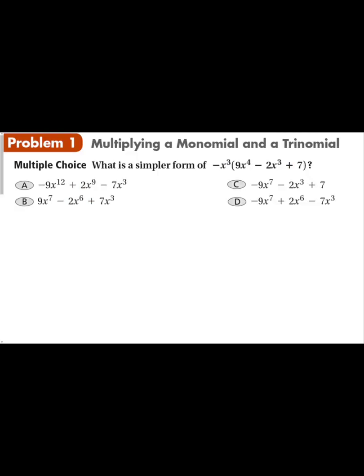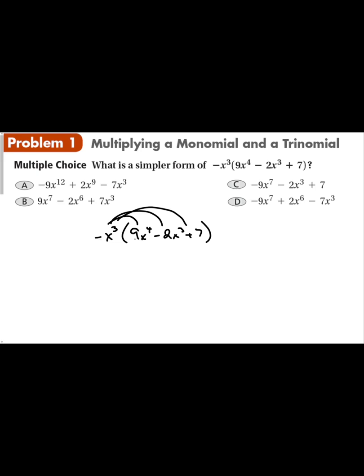Let's try a problem. What is the simpler form of negative, let's write this down here, negative x to the third times 9x to the fourth minus 2x to the third plus 7. So what we want to do is take this negative x to the third and multiply it to everything inside of the parentheses.